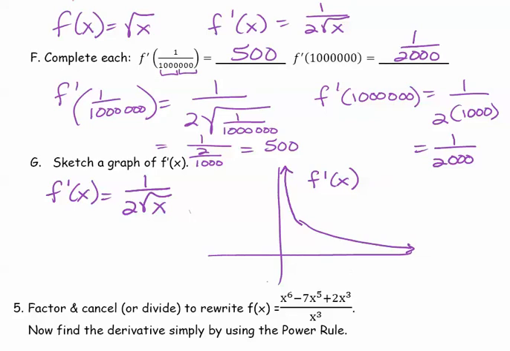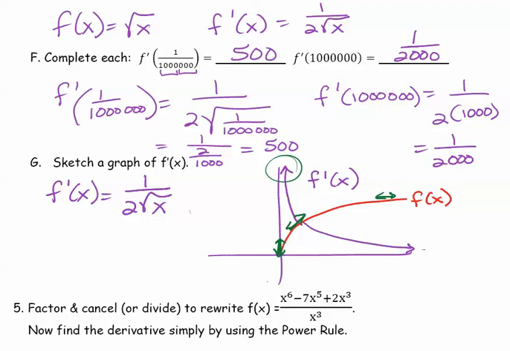Now, you aren't asked to graph them on the same function, but let's look at where f of x started. Let's see if this looks like the slope of tangents. Here, our tangent line has a huge slope because it is vertical. Over here, our tangent lines are almost horizontal, so they're going to go to 0. And here, our tangent lines are in this middle range of positive values.